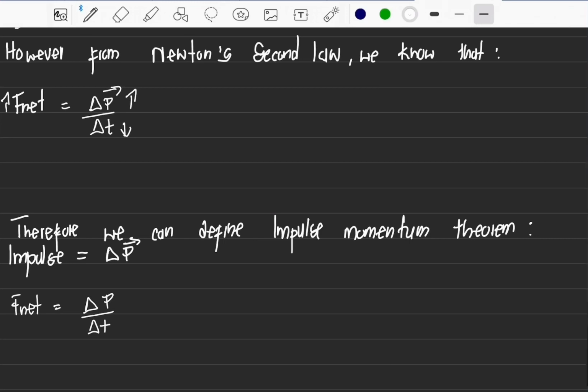So going further, if we make momentum the subject of the formula, we can say F net over 1, and then we cross multiply. When we cross multiply, we get change in momentum, which is equal to the net force multiplied by the change in time.